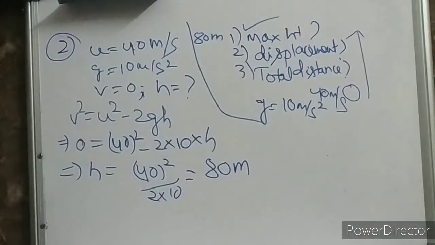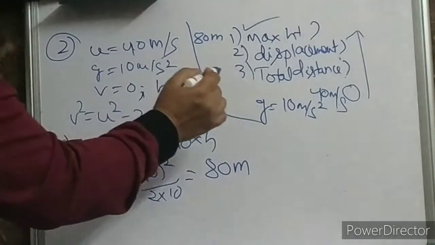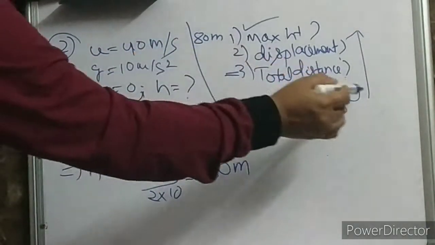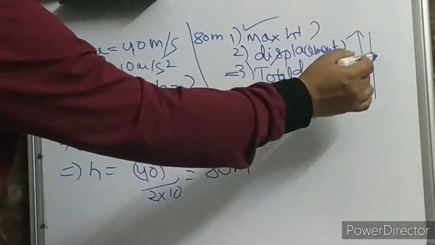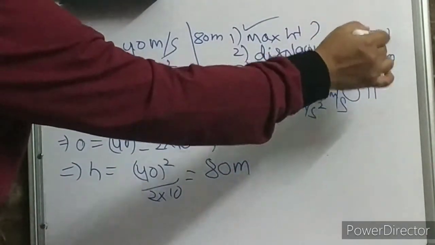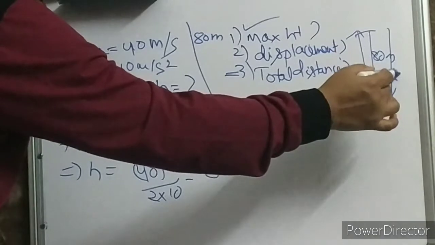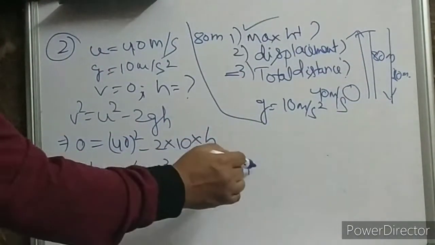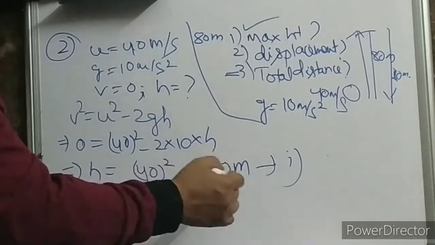Clear? Now tell me what is the total distance. Total distance means going 80 meter, reaching the maximum height, again coming down. That means another 80 meter is traveled. So this is your first bit.